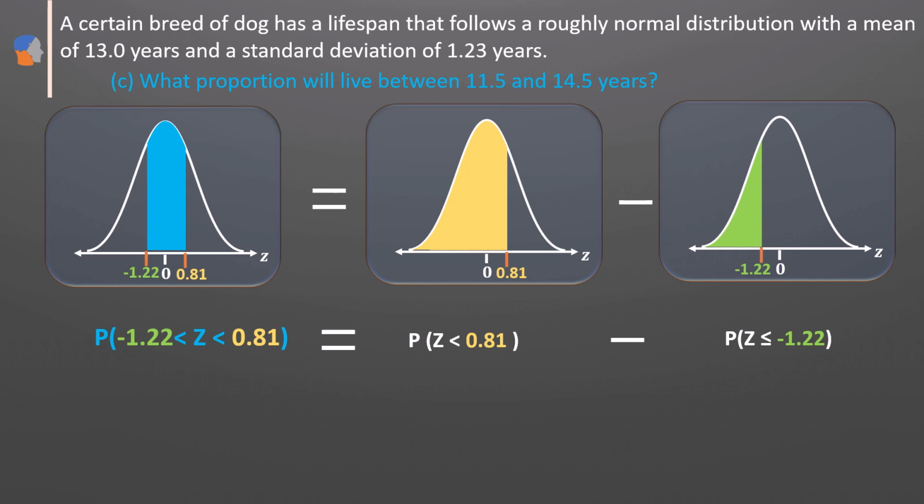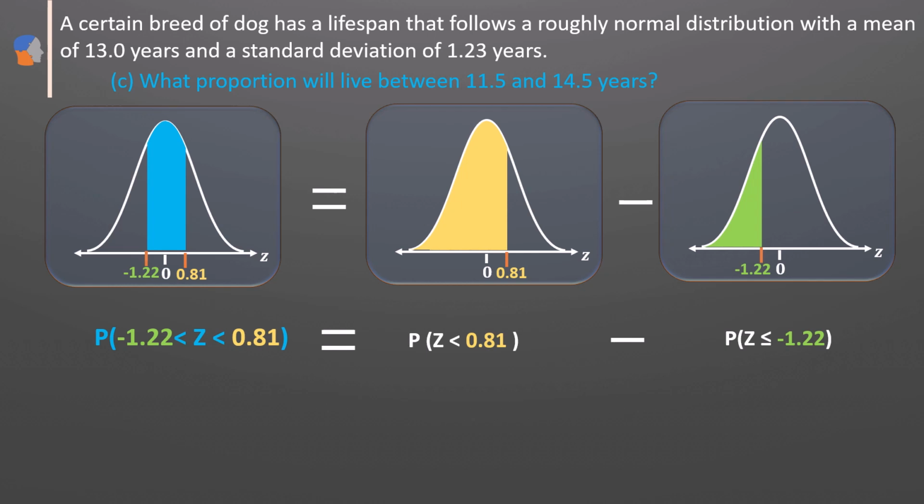Here you see I use less than for one case and less than or equal for the other. Since the normal distribution is continuous, less than and less than or equal are the same. That means the probability of z less than 0.81 is the same as the probability of z less than or equal to 0.81.